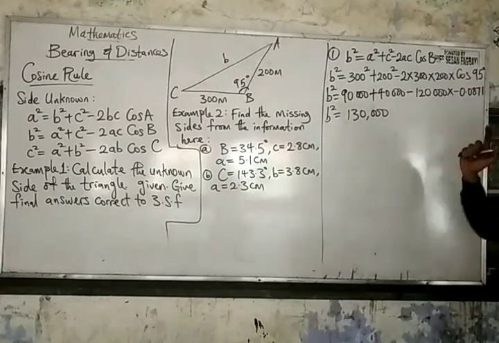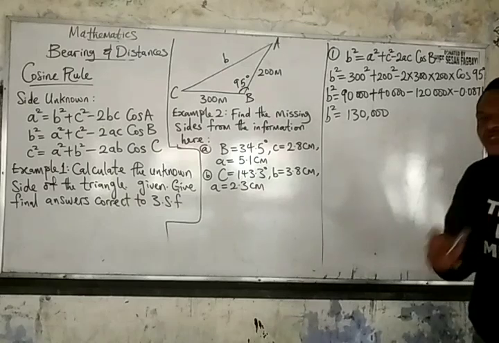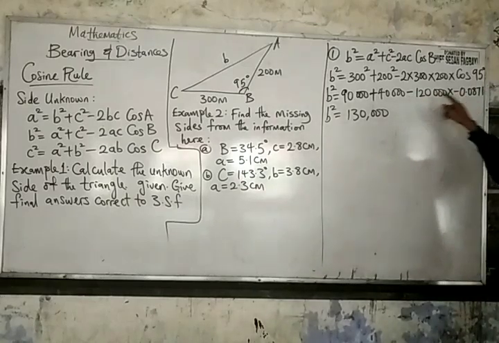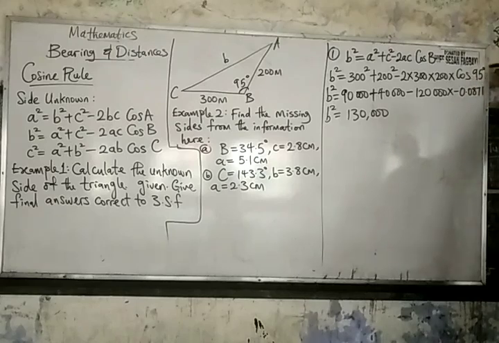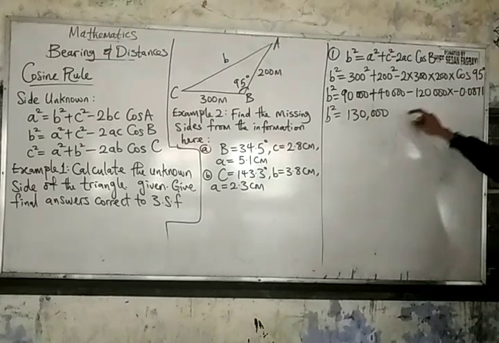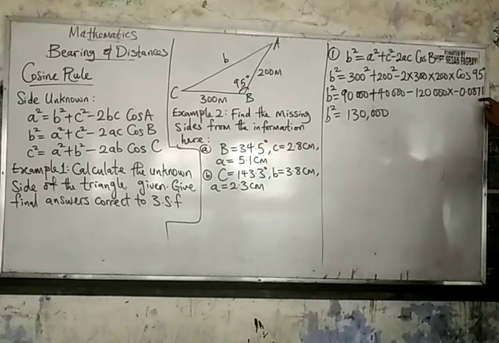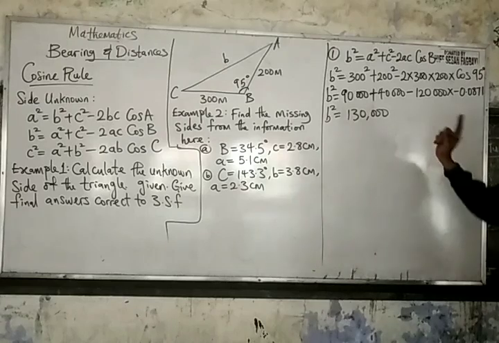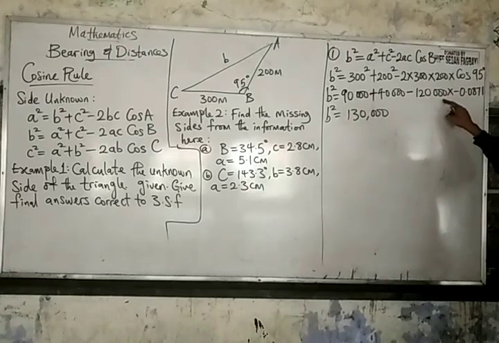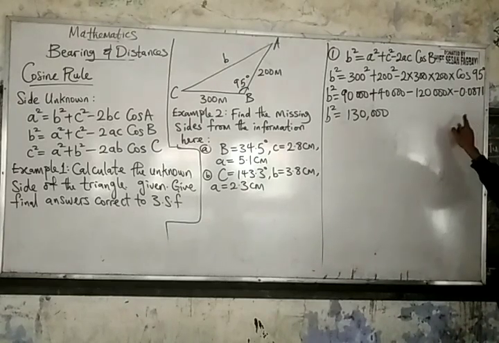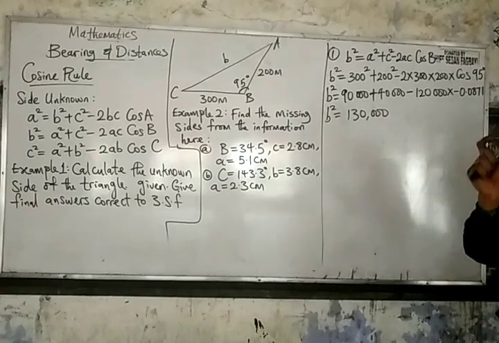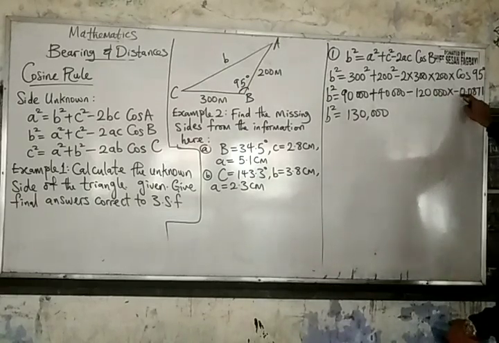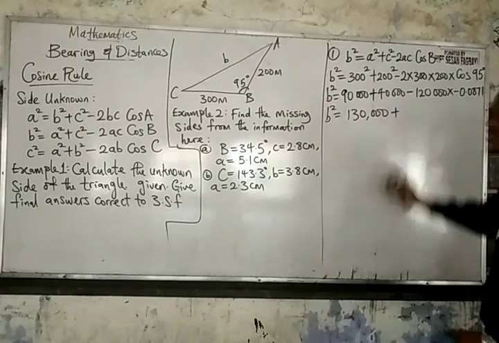Now, don't make the mistake where many students fail to apply the minus sign that is given here. Even though cos 95 is a negative value, you will have the minus, whatever this multiplied by this will give us. This is minus 120,000 multiplied by minus 0.0871. So it's going to give us a positive value, because minus times minus gives a positive value.